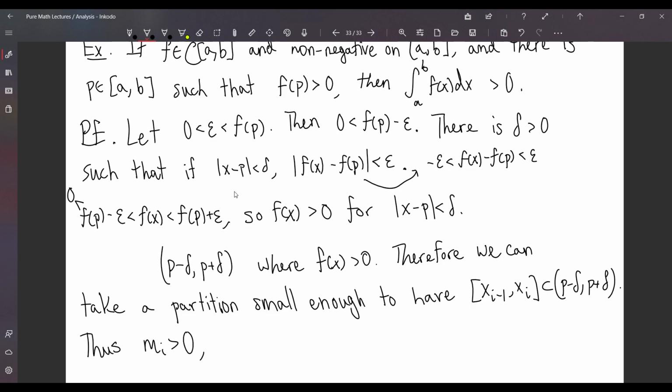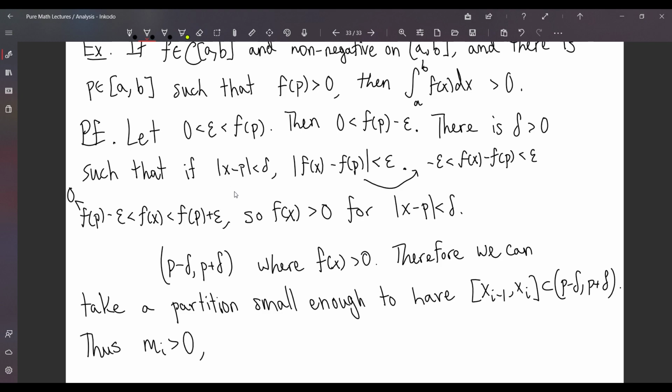Yeah, because f is continuous, it has to achieve its minimum in this closed interval, which is contained in this open interval where f of x is positive.